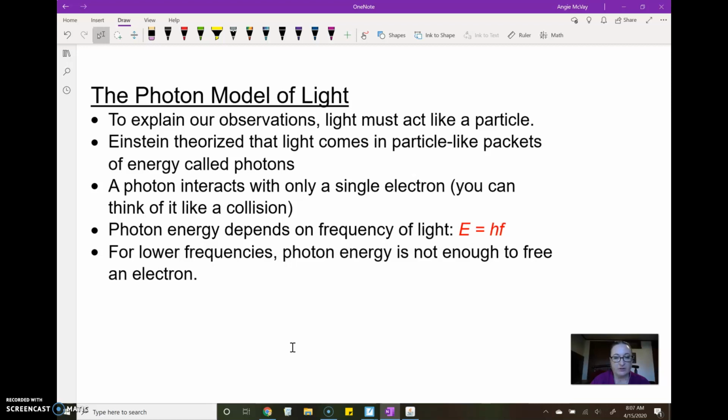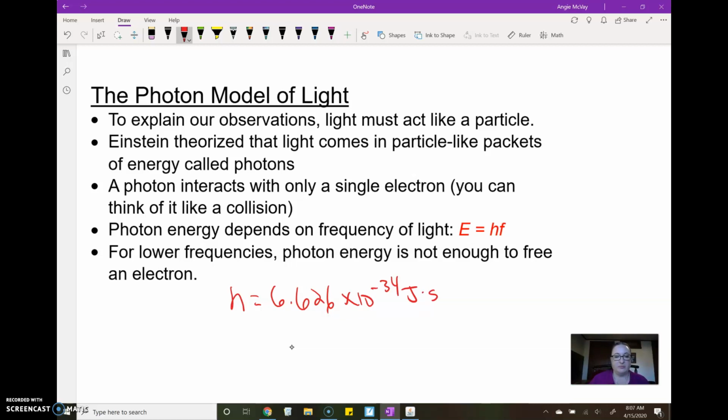Okay, the photon energy depends on its frequency, right? So photon energy equals this lowercase h, which is Planck's constant. Okay, and the lowercase h Planck's constant is 6.626 times 10 to the minus 34 joule seconds.